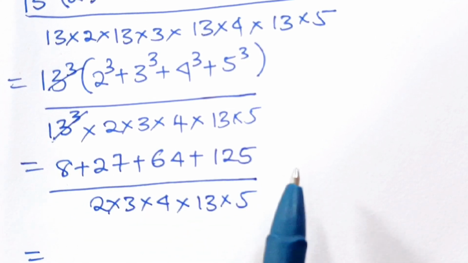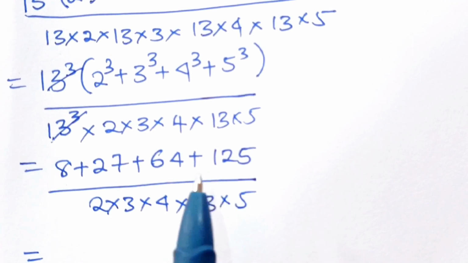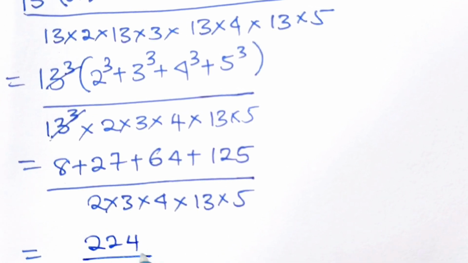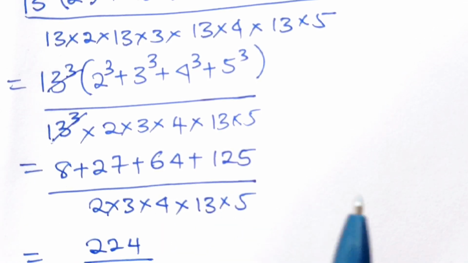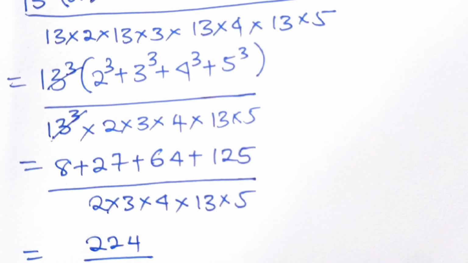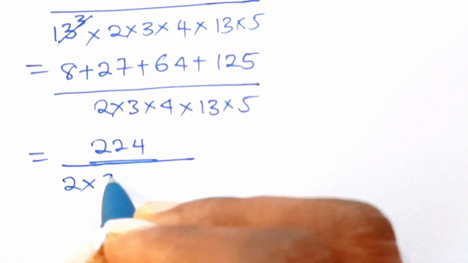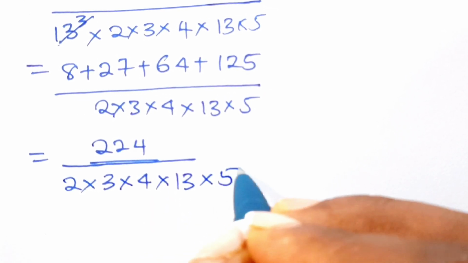If we add everything, we are going to have 224. So the numerator is going to give us 224, divided by, let's leave the denominator the way it is here so that we can easily cancel out: 2 multiplied by 3 multiplied by 4 multiplied by 5.